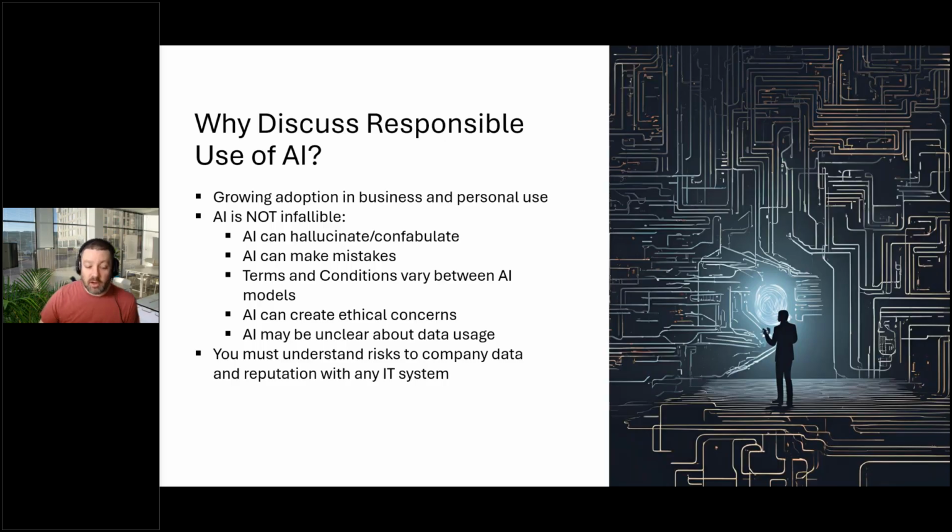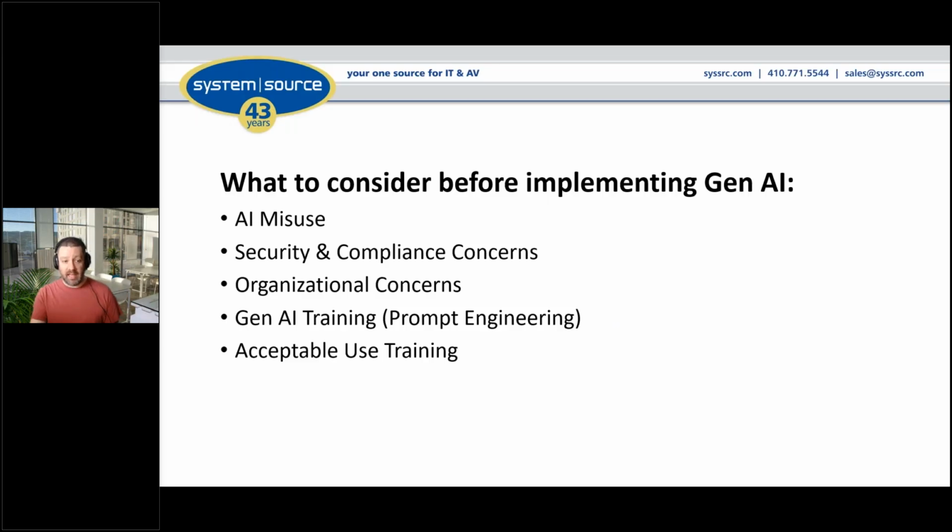For those of you considering implementing AI into your workplace, here are some things I would suggest you start discussing internally and try to get a handle on how you're going to deal with these issues.